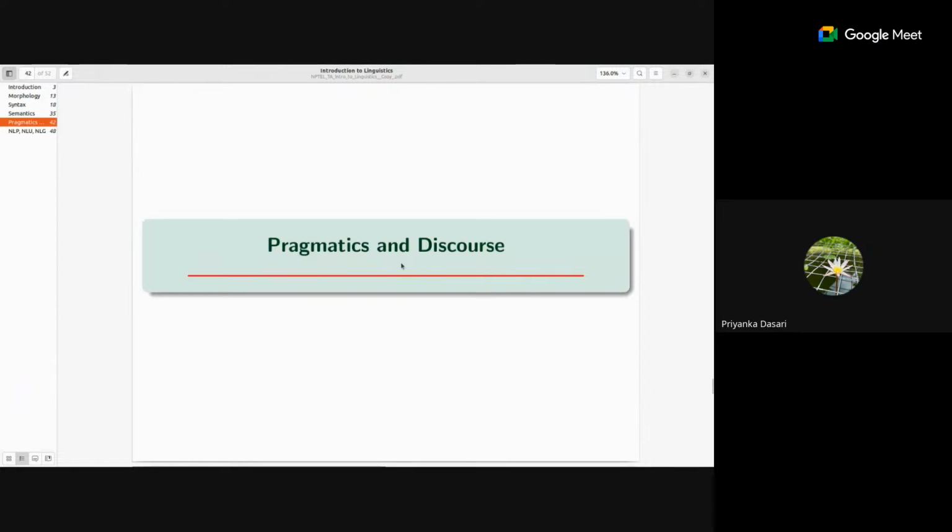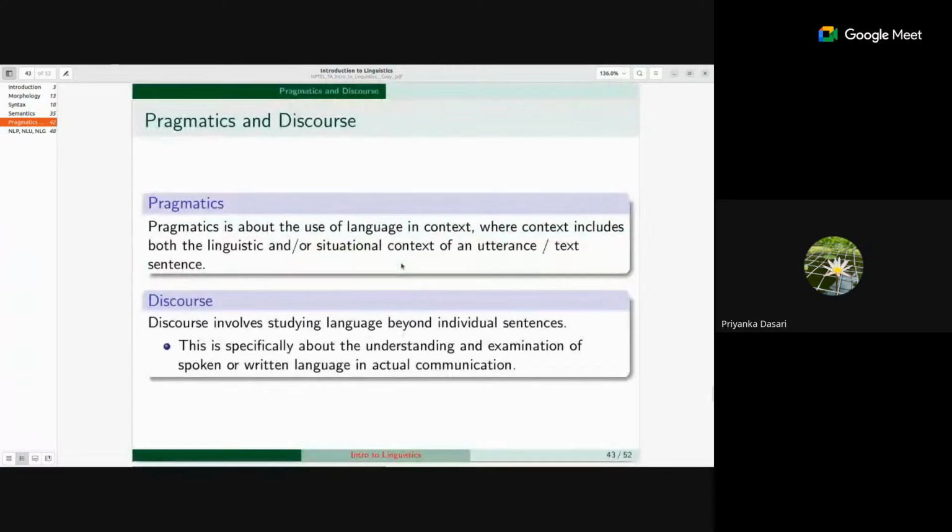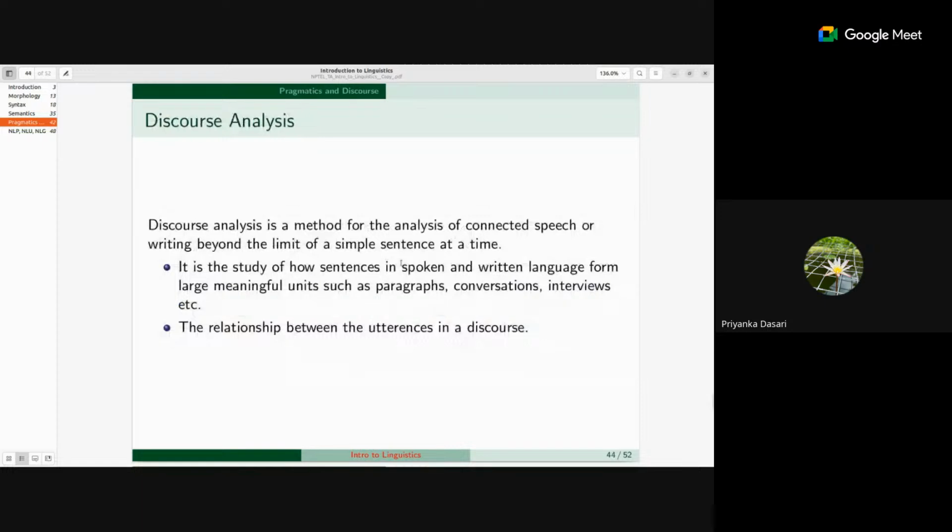Then comes the last part of language analysis, pragmatics and discourse. Pragmatics is about the use of language in the social context, where the context includes both the linguistic and situational context of an utterance and a sentence. Discourse is something beyond individual sentences. This is specifically about understanding and examining spoken or written language in actual communication.